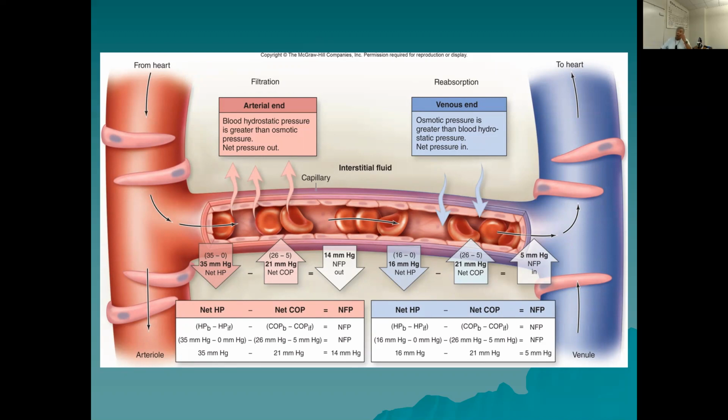We're going to get to the lymphatic system and immune system in the next chapter. Part of the role of the lymphatic system is to return fluid back to the blood.